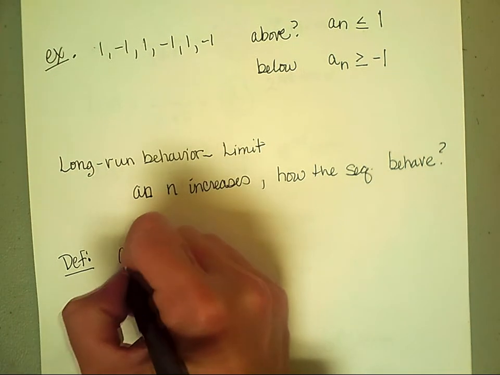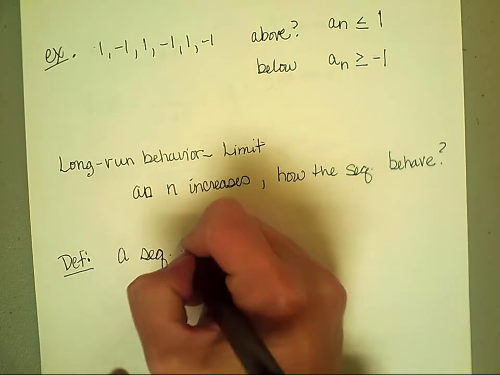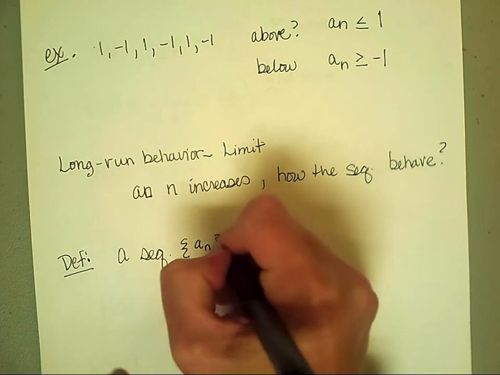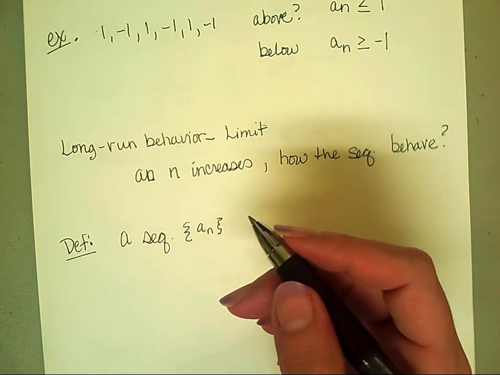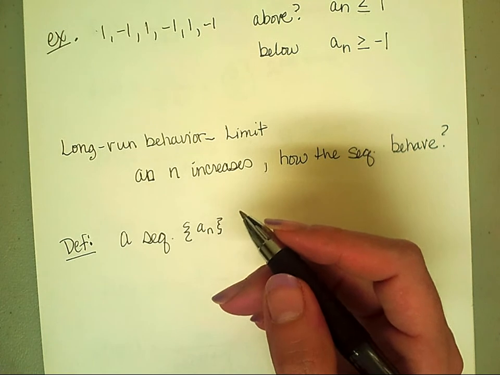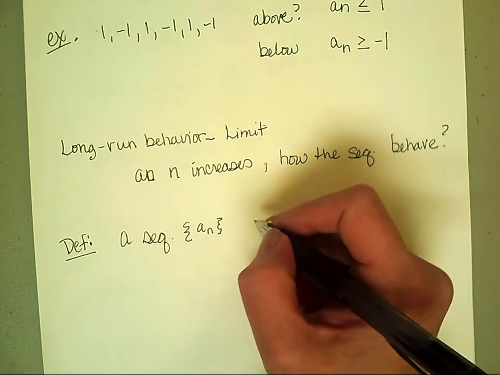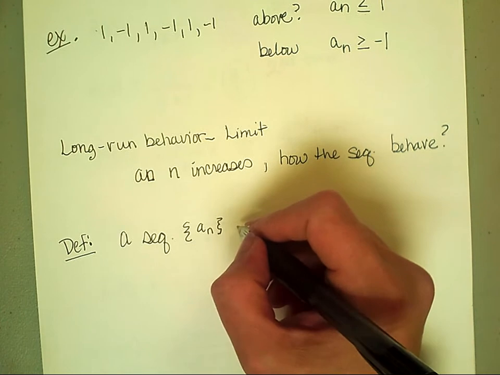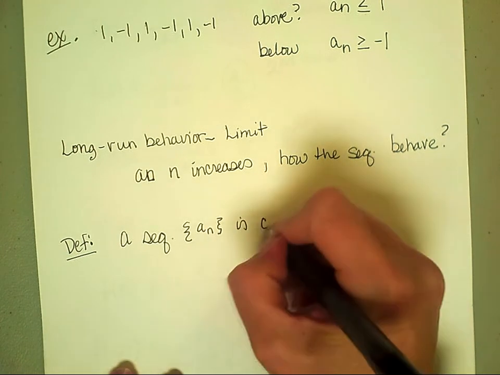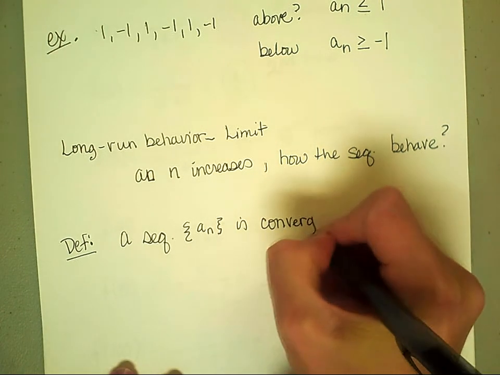Definition. A sequence, we'll just call it A sub n. I could call it anything, B sub n, C sub n, it doesn't matter. Is convergent. Okay, so this is our word.